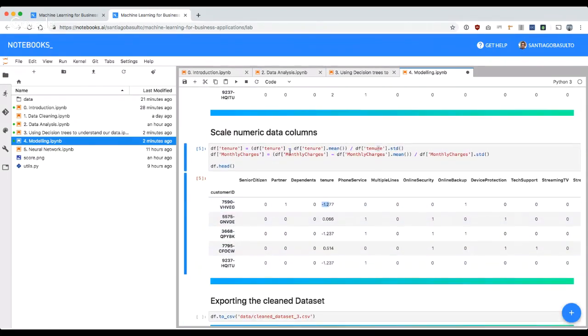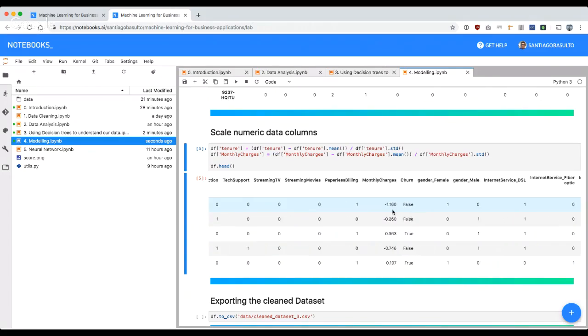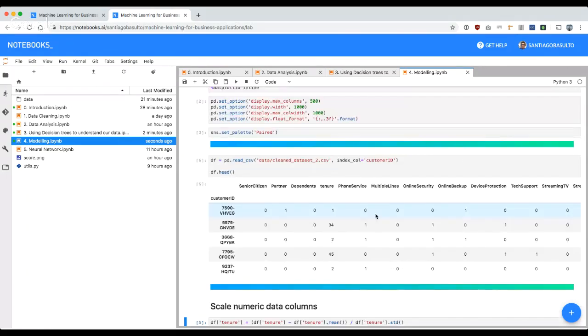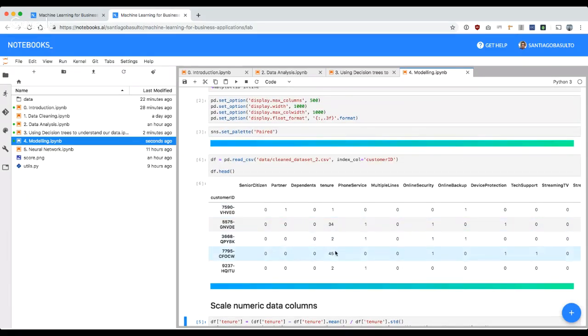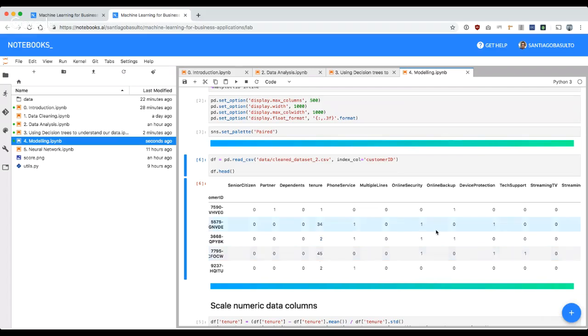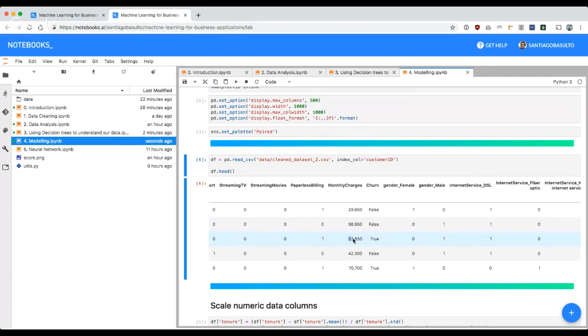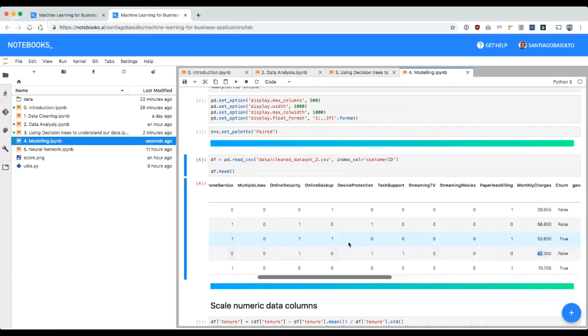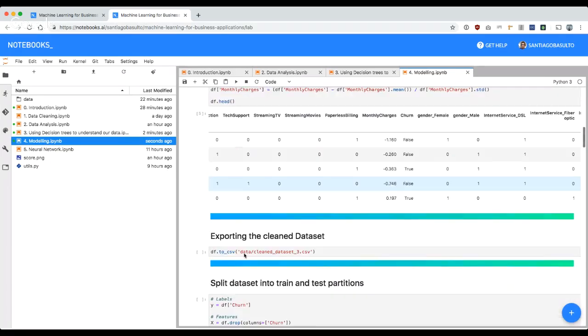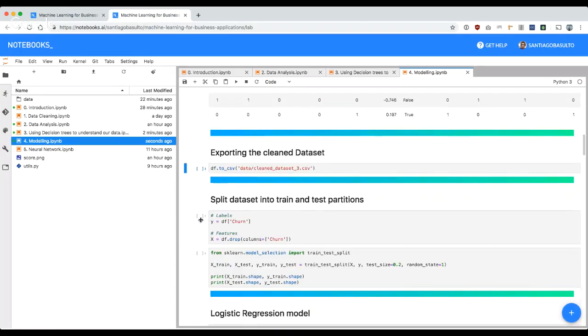Scaling both tenure and monthly charges, we see that they now have the same scale, 1.27 and 1.16, even though originally they had very dissimilar units. Tenure was 1 and monthly charges were 53.42, very dissimilar units. We're going to export it in case we need it later.